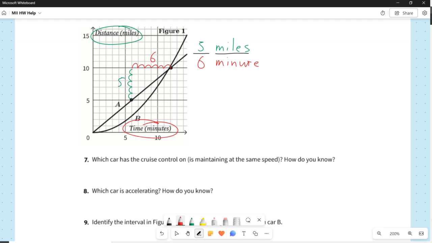Miles per minute. So this is speed, right?